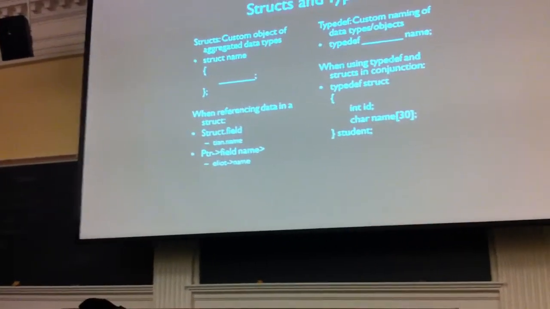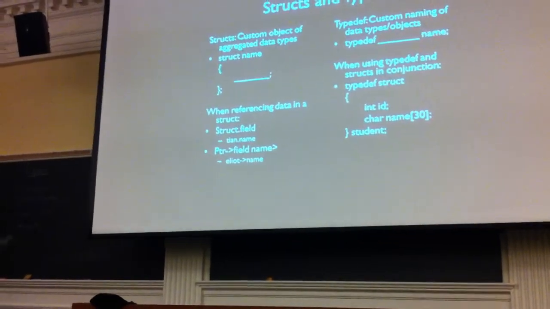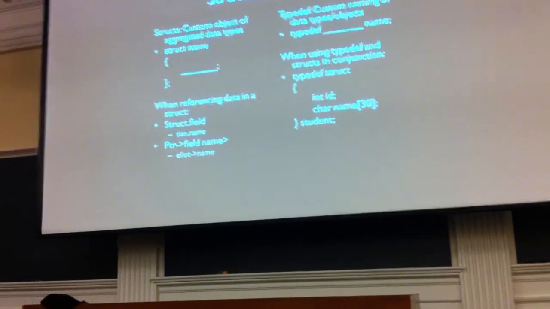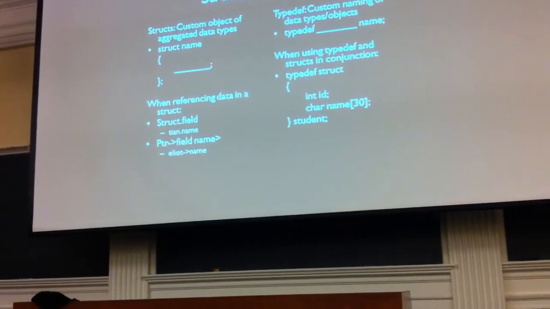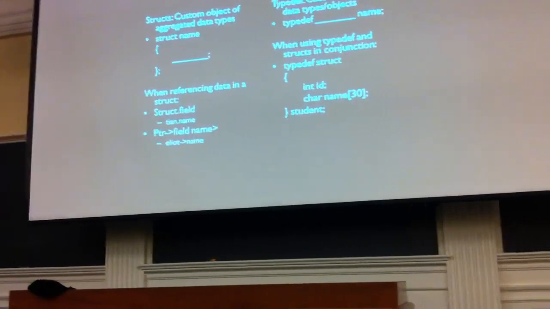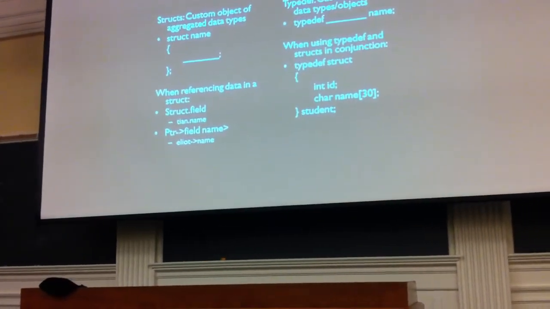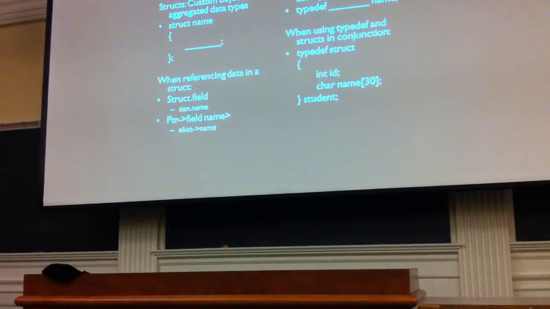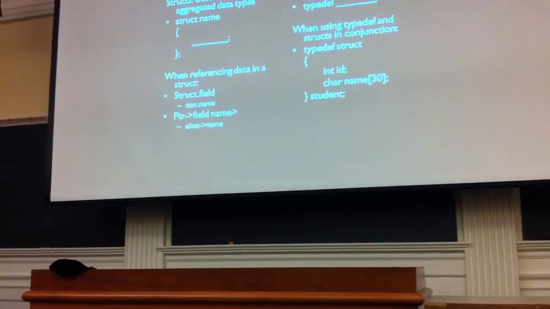When referencing data in a struct, you can do it in two ways. You can say struct.field, and that will give you the field inside the struct. Or you can use the pointer to the struct and arrow to the field. There's a typo there. So for me, if you want my name, you do tian.name. But since you know my address, you can say who lives at Elliott, arrow name. That'll give you the same thing.